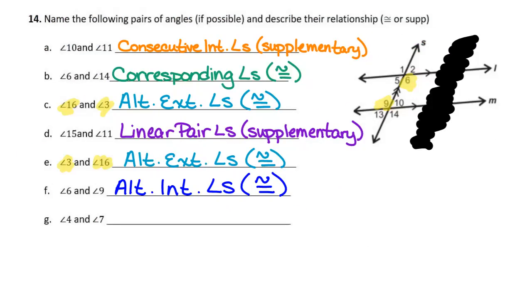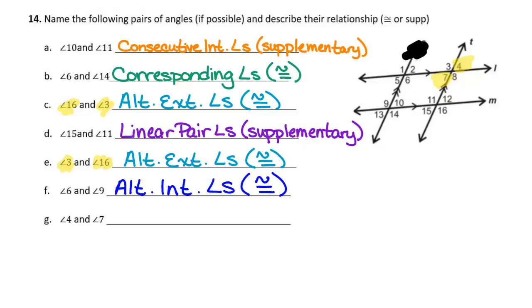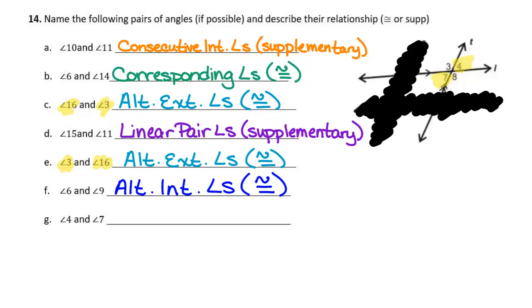And then we have our last one. We have angle 4 right here and angle 7 right here. What line do they both touch? They both touch T, so I don't need S. Do they have anything else in common? L, so I don't need to look at line M either.